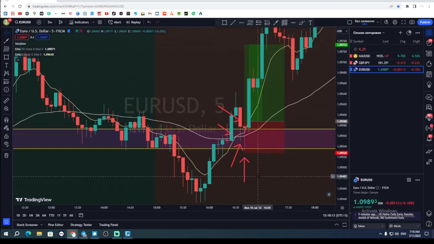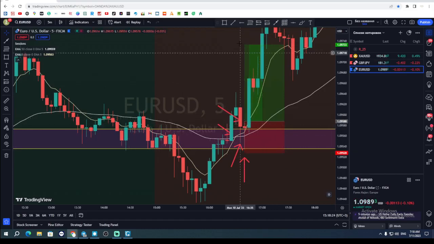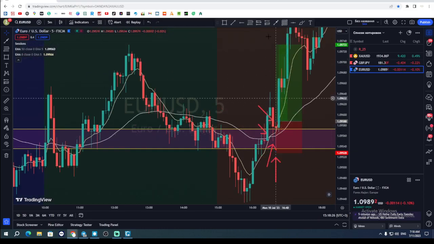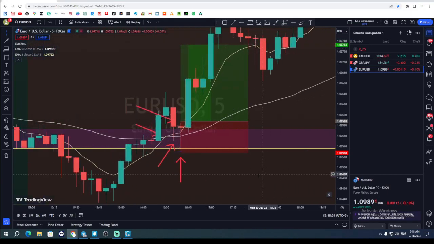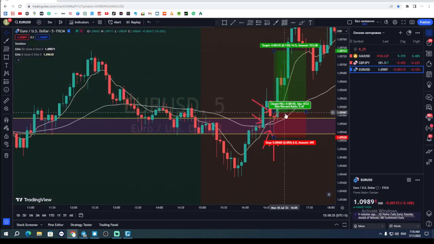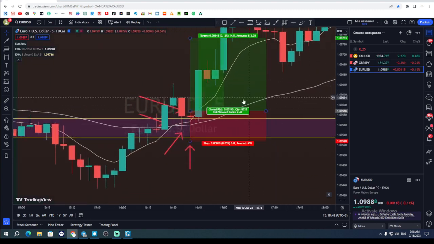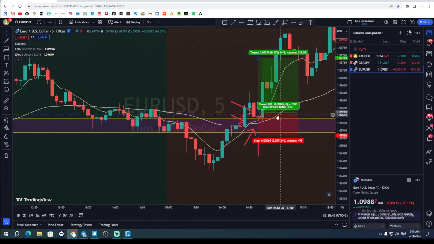I'm very comfortable to risk 1%, because if it goes down, then there's nothing else, why should I look for sells here? If everything shows me that it wants to go up, so I got 4 confluences and I just go up. So I just enter a trade and it went up. And obviously it won't be the same results all the time, but at least you get the odds in your favor. So that's what I do. I try to get the odds in my favor and just place a trade and make the money.